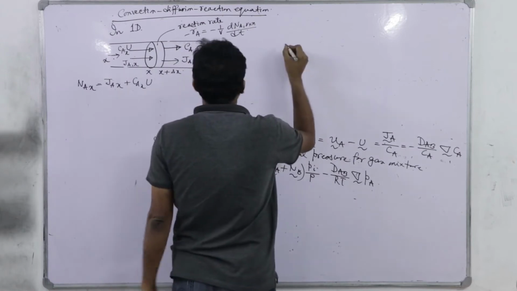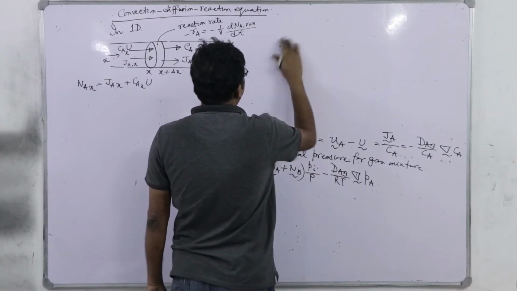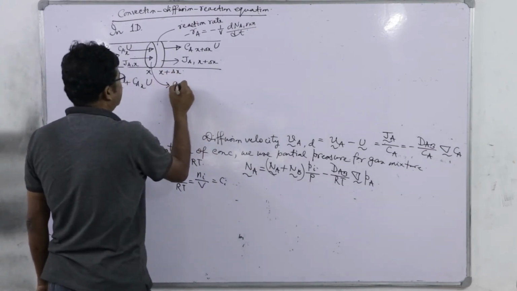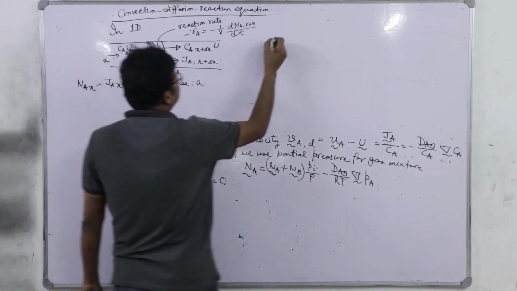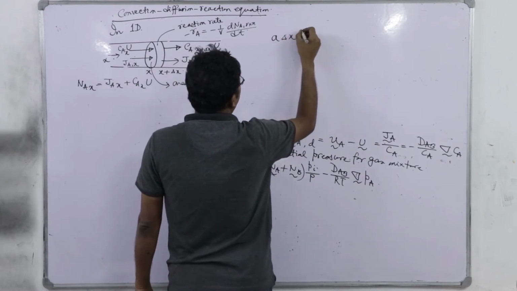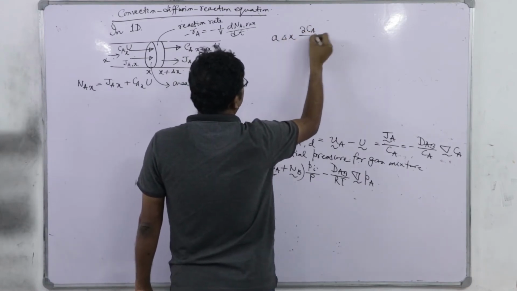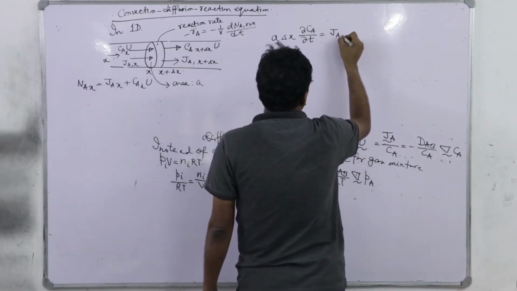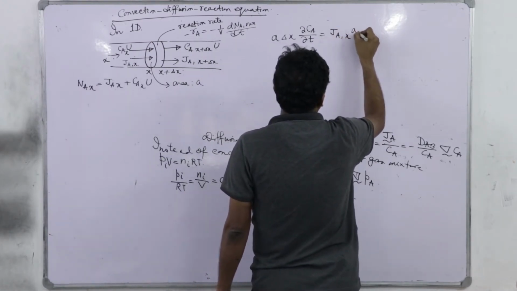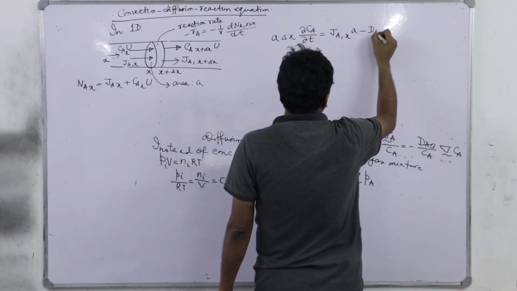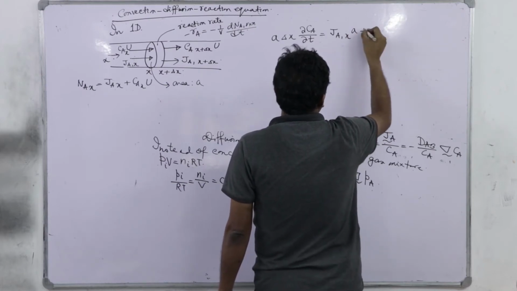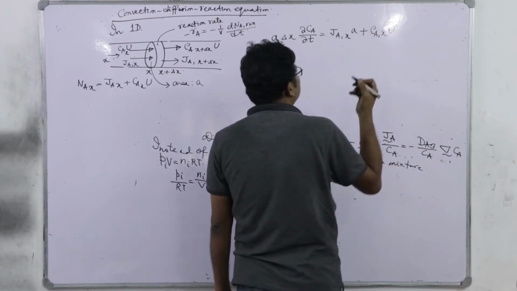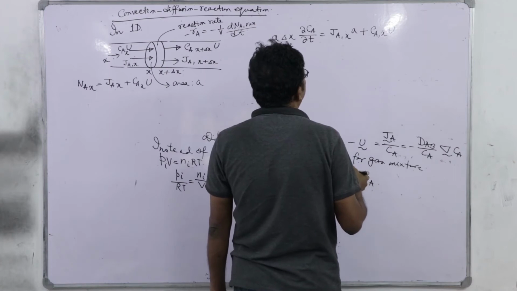So, rate of accumulation is area, let us say area is small a, into delta x into del C_A del t, that is the rate of accumulation. Now, inflow will be J_Ax into A plus C_Ax into U. U may also be changing from point to point.